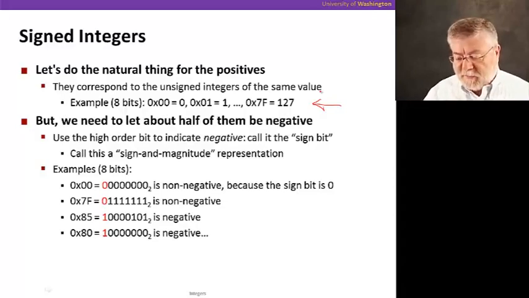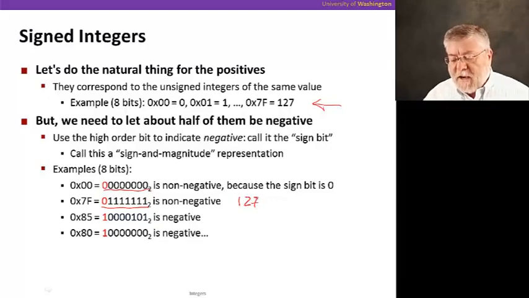Let me give you a few examples. Here we have the number 0, and you'll notice that it has a 0 in the most significant bit. So it's non-negative because the sign bit is 0 and the value is 0. Here we have another positive number, a non-negative number, where except for the sign bit, all the other bits are 1. That corresponds to the number 127. Okay? Now, the other two numbers in these examples are both negative numbers.